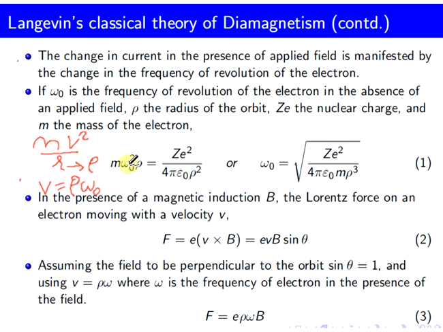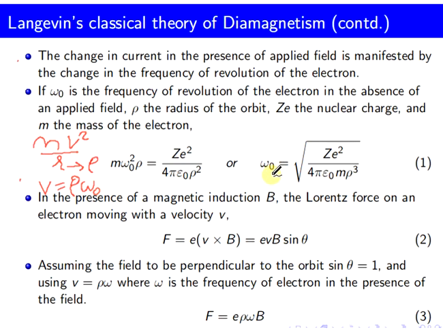So the equation becomes m omega 0 square rho equal to the electrostatic force of attraction between a single electron orbiting around the nucleus and the center of the nucleus, that is 1 by 4 pi epsilon naught into q1 q2 by r square. Here also, instead of r we use rho.